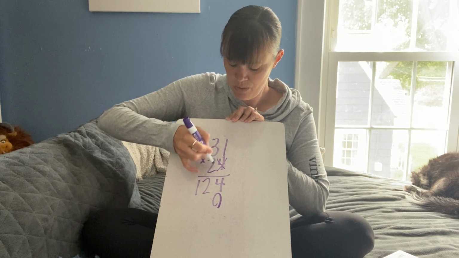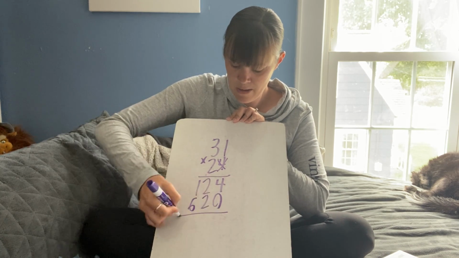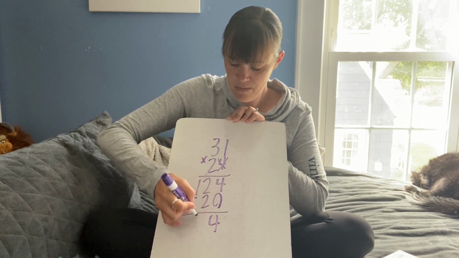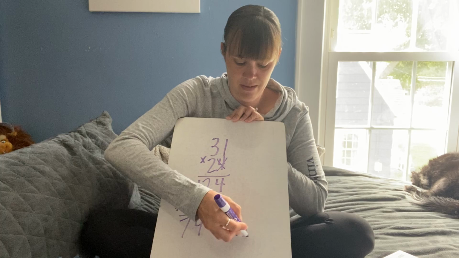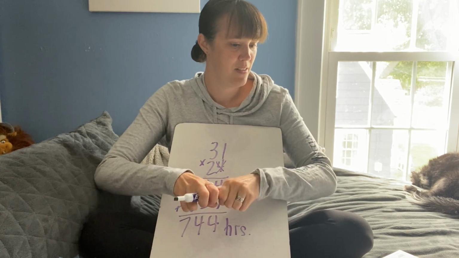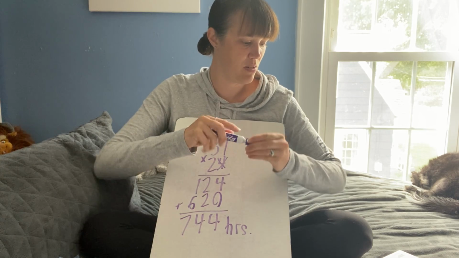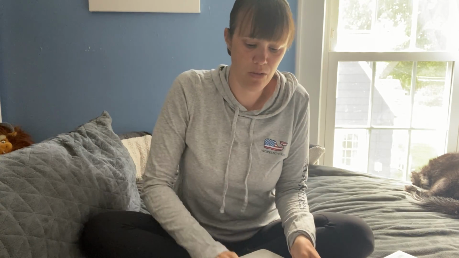Place value holder. 2 times 1 is 2. 2 times 3 is 6. Add these together. 744 hours. And we're done. Look at that. So the answer is there are 744 hours in 4 weeks, 3 days. Awesome job today, guys.